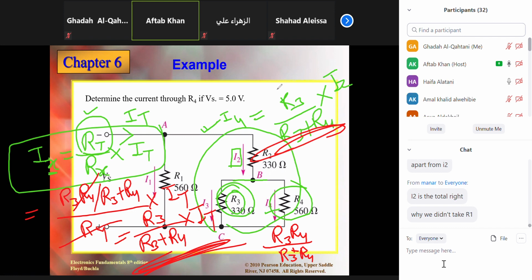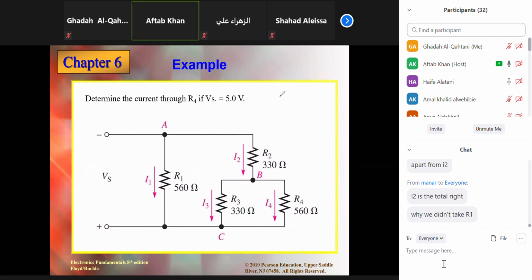Now clear this one? Okay, doctor, can you calculate I4 by getting the voltage? My dear, when I solved this question, I solved it 3 different ways, 4 different ways. You can apply whatever you want. It's not necessary to just follow what I said. You can calculate I1, then after that you can apply voltage divider. So there are a lot of ways. You just check my lecture at that time.